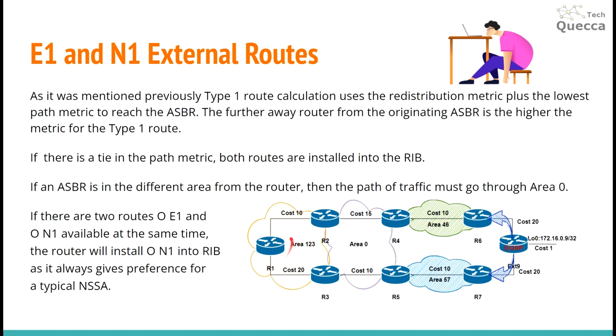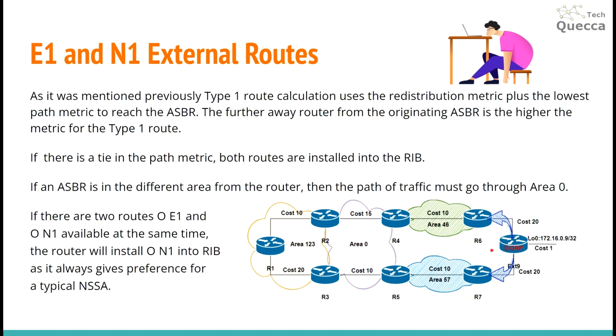From the point of view of router R1, type 1 route is going to be 10 plus 15 plus 10, and then plus redistribution metric, which is 20. So 20 plus 10, 30, 45, 55 to reach external route.